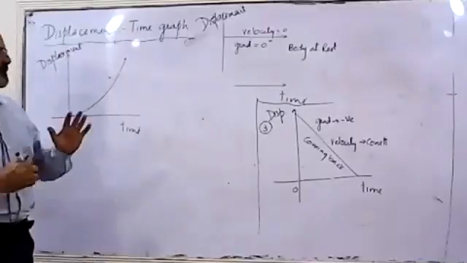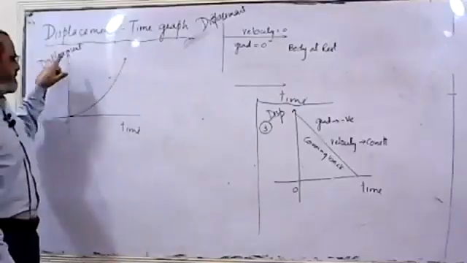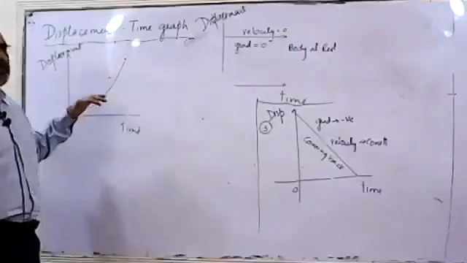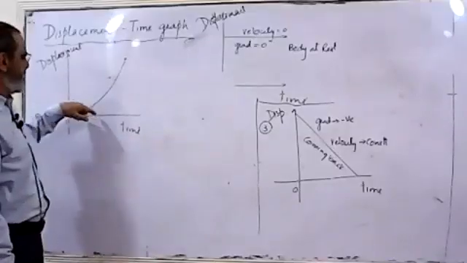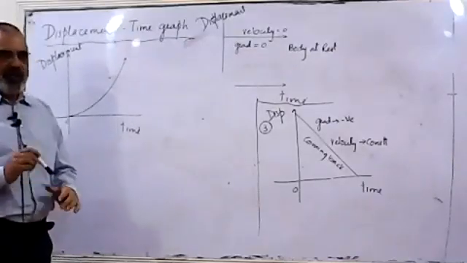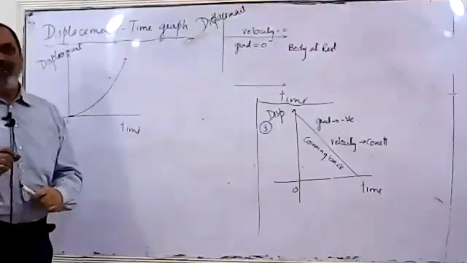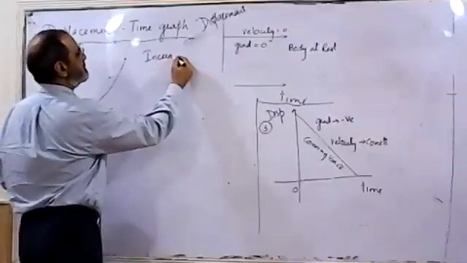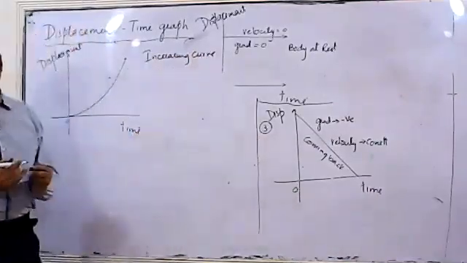If instead of a straight line we have a curve, then the relation between displacement and time is velocity, so their gradient represents velocity. In this case, it is not a straight line, so the velocity is not uniform, it is not constant. Remember, this shape always represents an increasing curve, irrespective of the physical quantities.